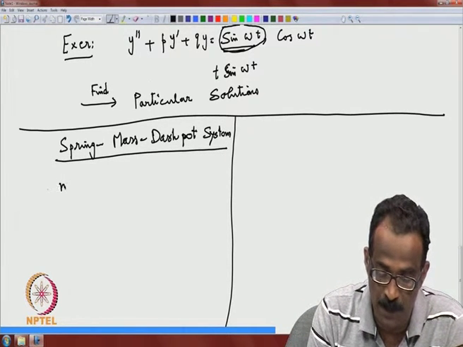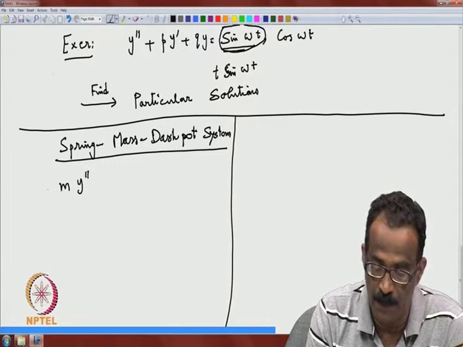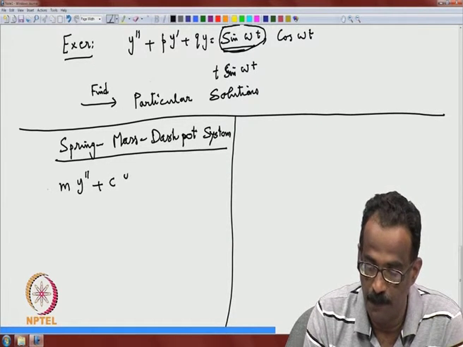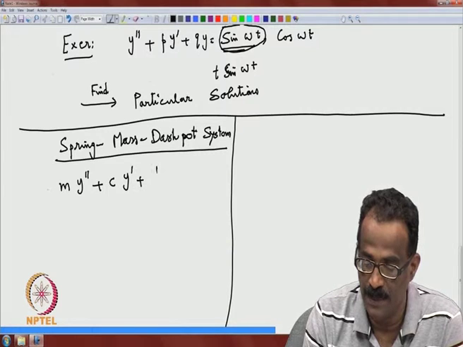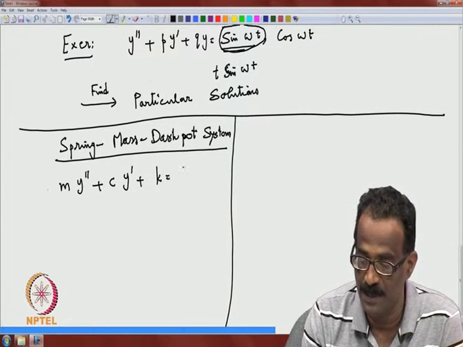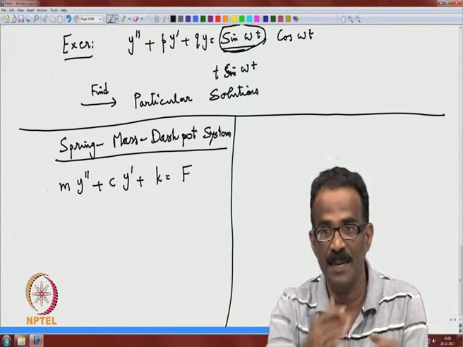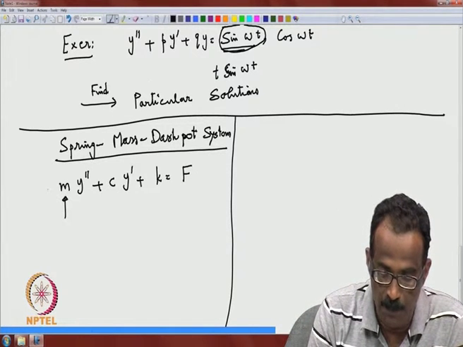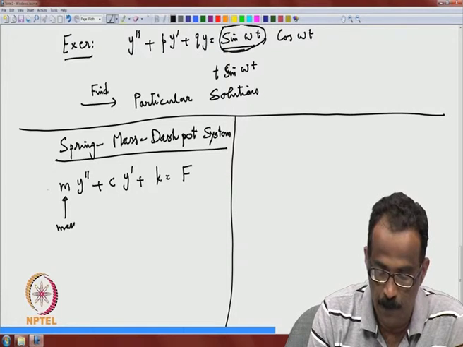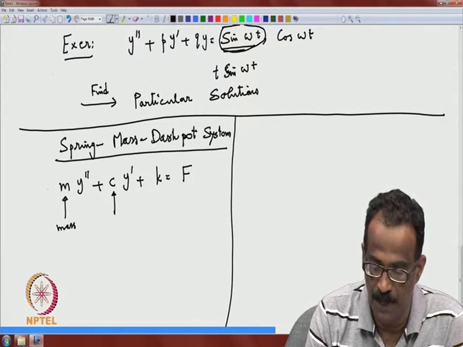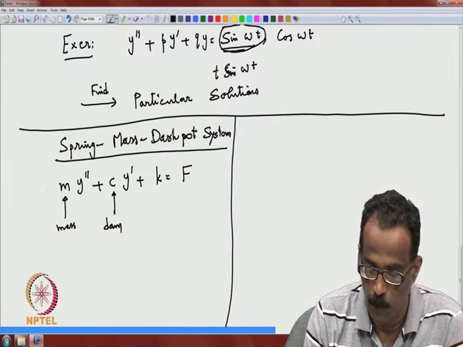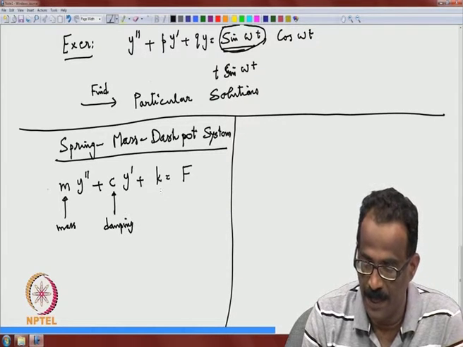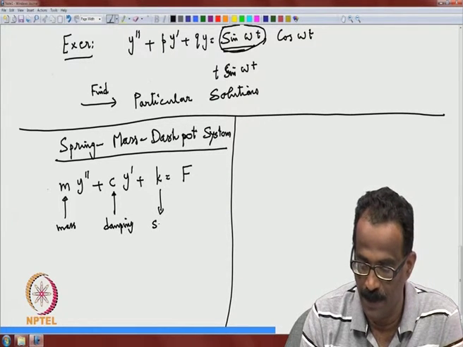So, what is the spring mass system? M y double prime plus c y prime plus k y is equal to some external force F, and we have analyzed this in various situations. What is M? M is the mass, C is the damping, and K is the spring constant.